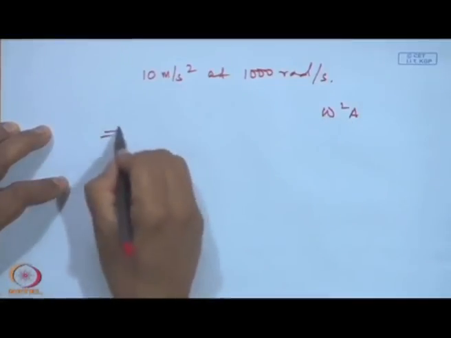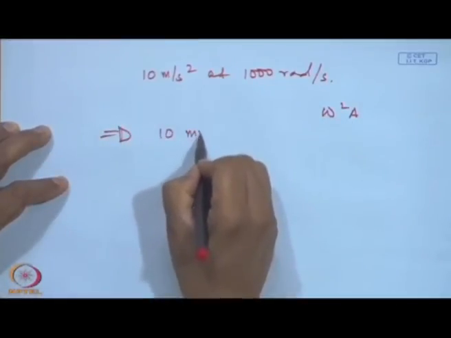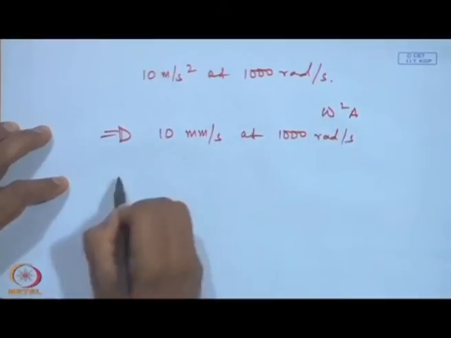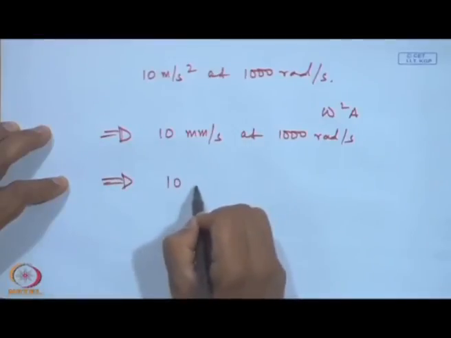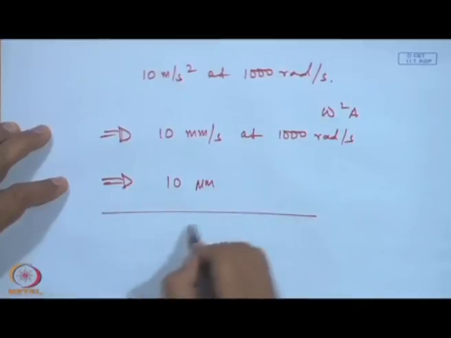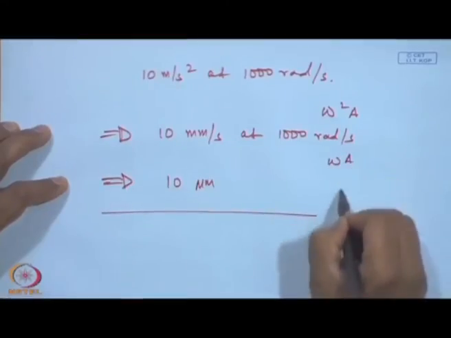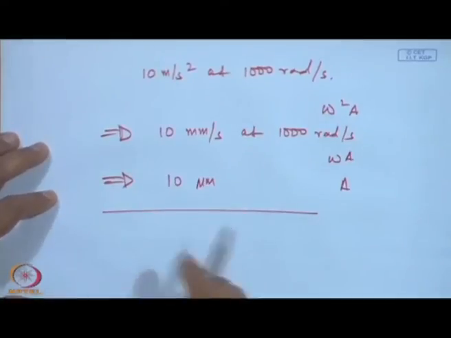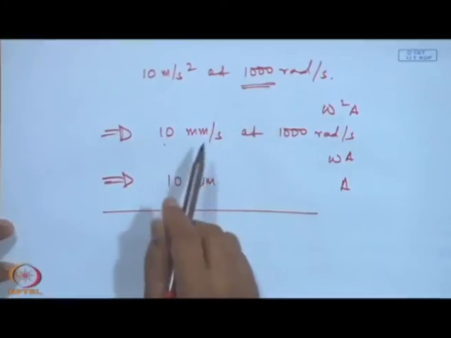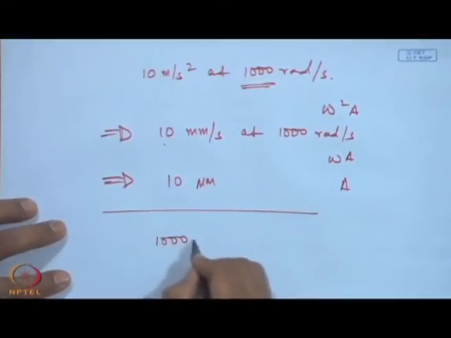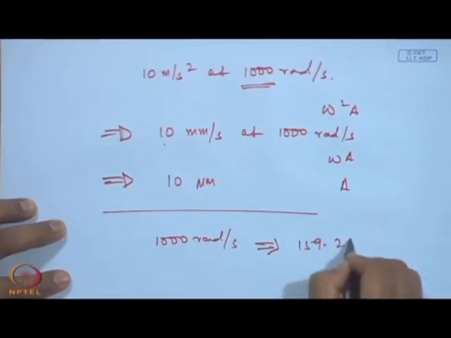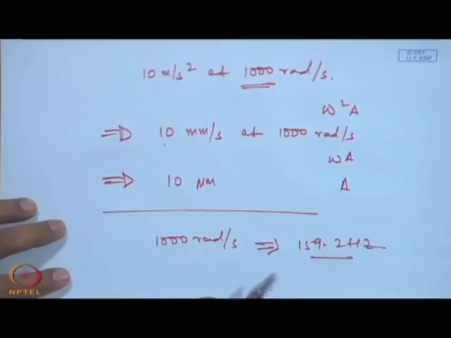So, this will boil down to 10 millimeters per second at 1000 radians per second, or 10 micron of displacement, because of the relationship omega a, omega square a and omega. So, this is a handy rule, and it is very easy to remember 1000. Actually, 1000 corresponds to 159.2 hertz, and that you can see in any FFT analyzer.